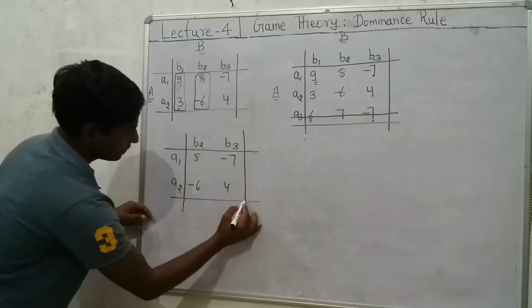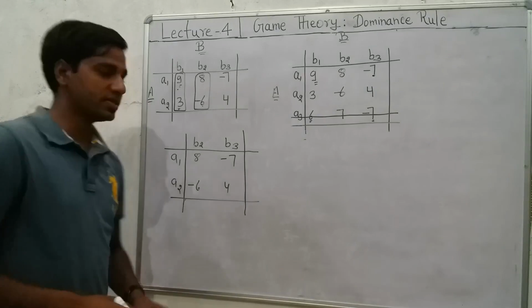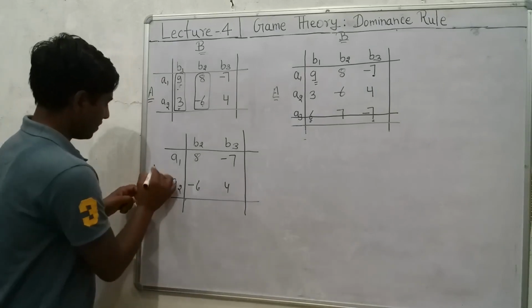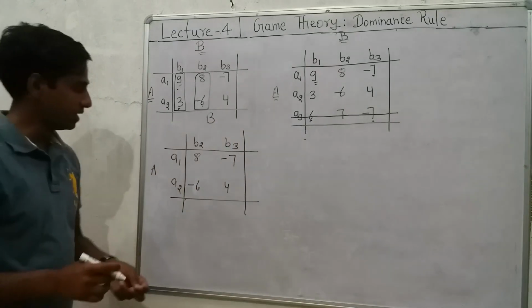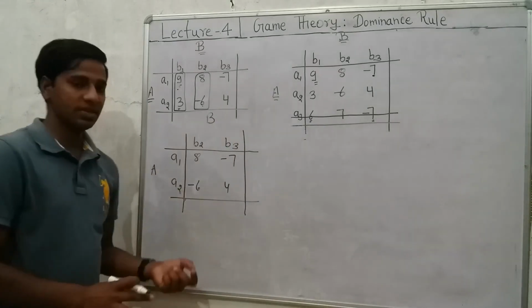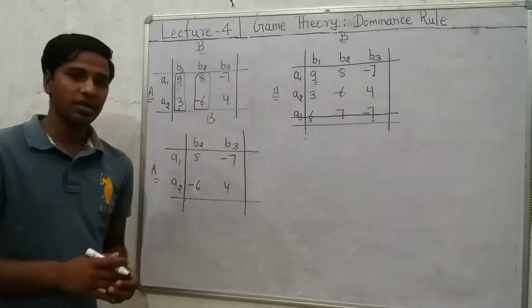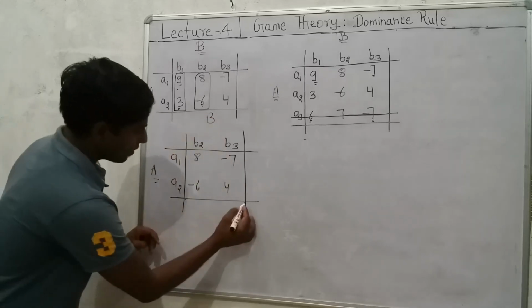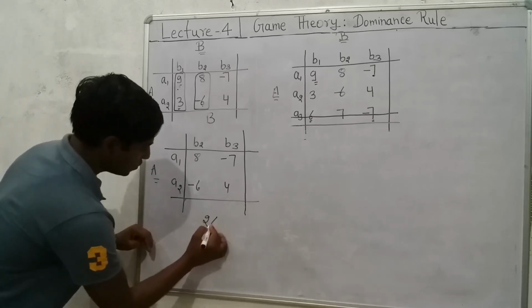Now again we would look for any dominating strategy from the point of view of A or B. Now we found that there is no dominating strategy from the point of view of company A and from the point of view of company B. So now we have a reduced game that is of order 2 by 2.